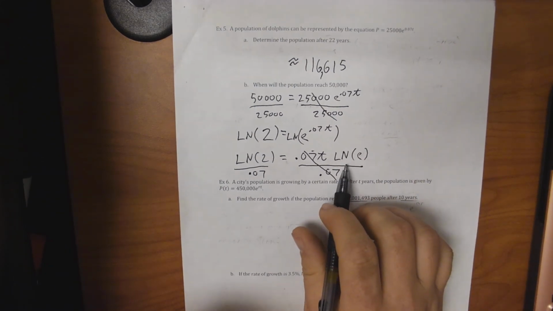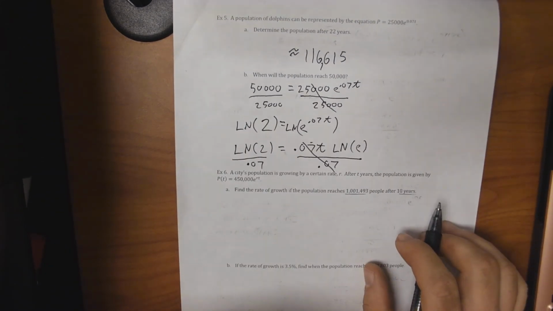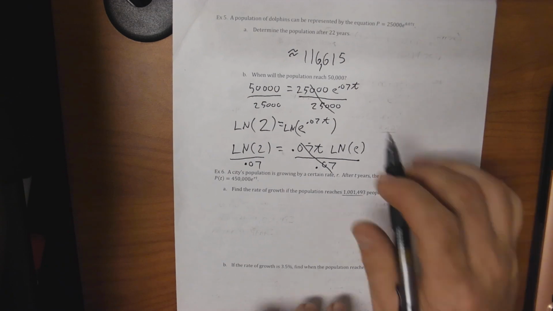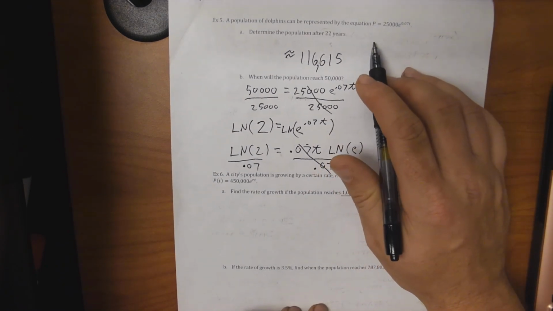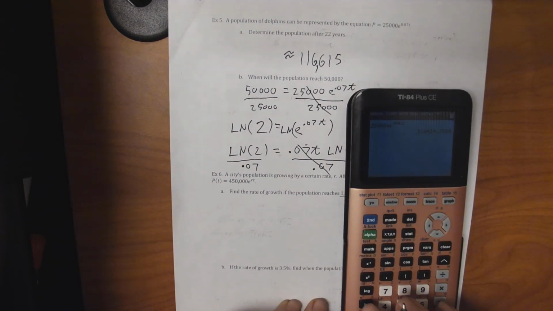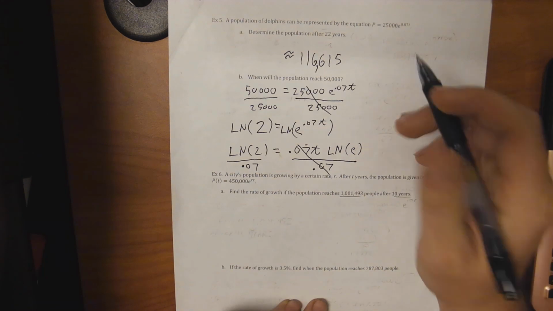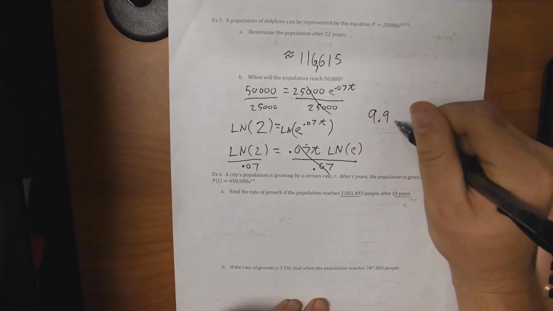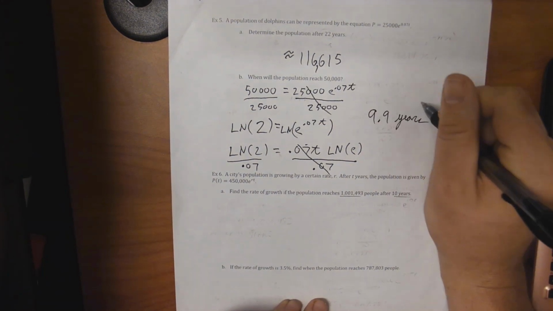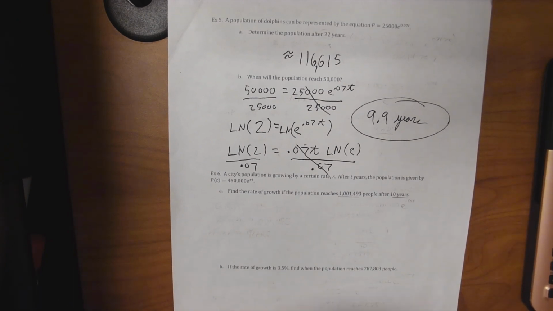Remember, natural log of e just equals 1, so you can ignore it. So solving these natural exponential equations is actually a little bit easier. So let's see what we get. Natural log of 2 divided by 0.07, roughly 9.9 years is the answer.